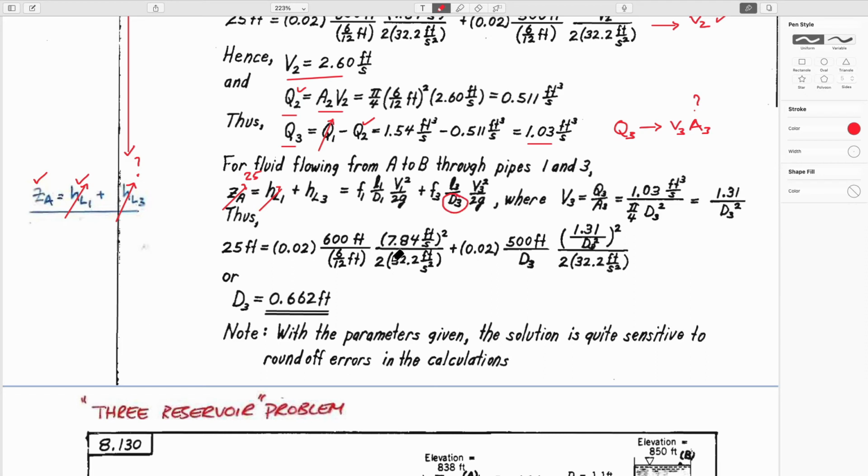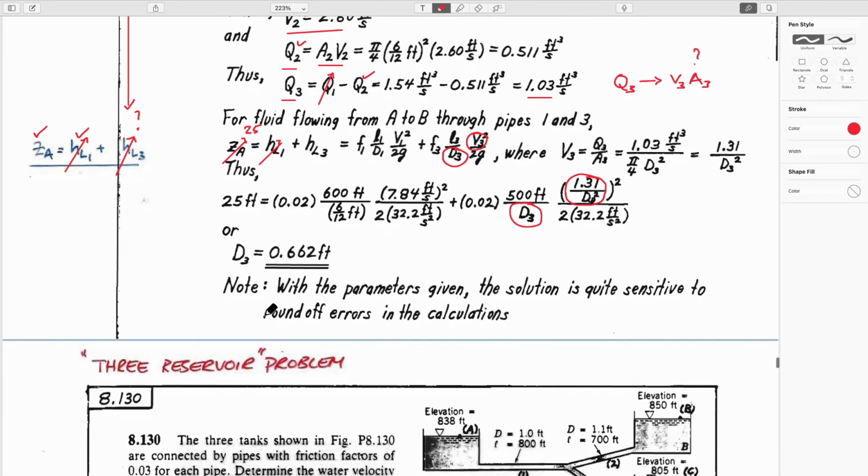Because you have to choose that. And this velocity here is obviously a function of the diameter as well, right? So when we write this term here, we have to write it in terms of a velocity multiplied by whatever that diameter is. And so we end up with a diameter here that we have to solve for, and it's probably not an easy equation to solve, but it comes out as this.